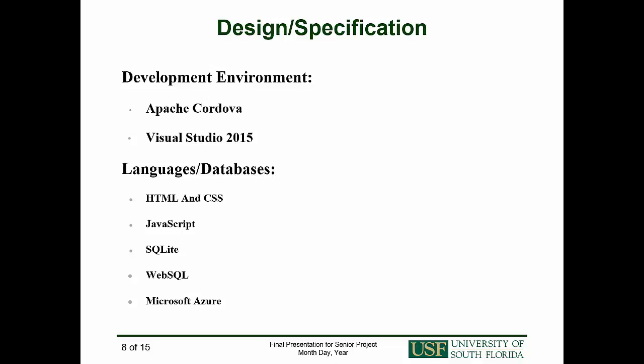So all we had to do is add it to our project. And the languages that were used were HTML, CSS, and JavaScript. For the database, we use SQLite and WebSQL for the local database. And for our remote database, we used Microsoft Azure.